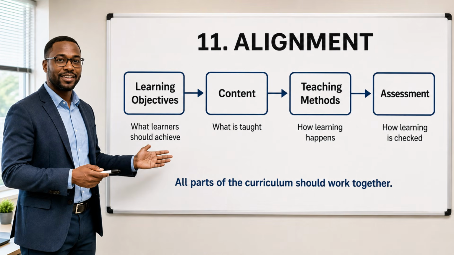Then the 11th principle is alignment. And alignment is about learning objectives, content, teaching methods, and assessments. Now, all these are supposed to support one another. So a learner should not be assessed in areas that they were not taught.